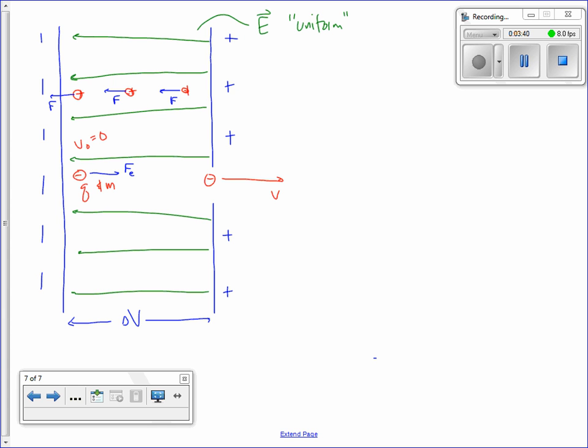This is a common one. So we could do this, right? That the net force is ma. And the net force is QE, so QE is ma. We could find the acceleration as QE over m.